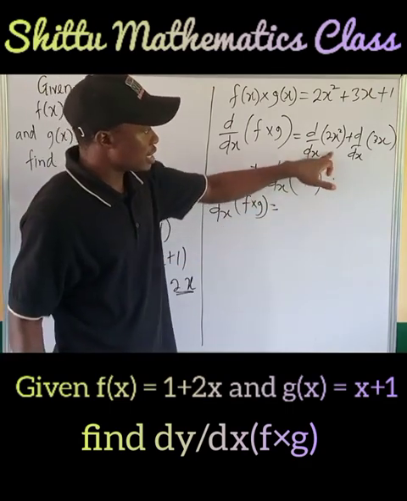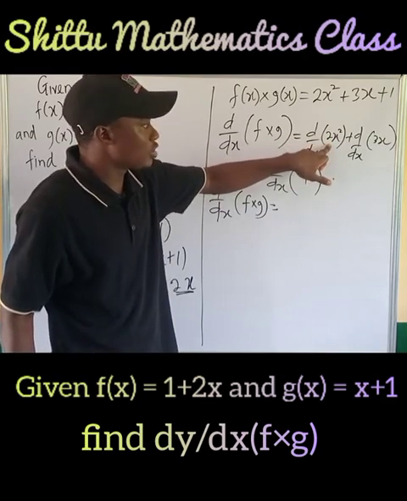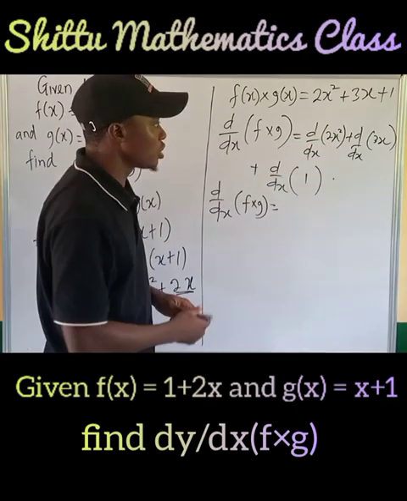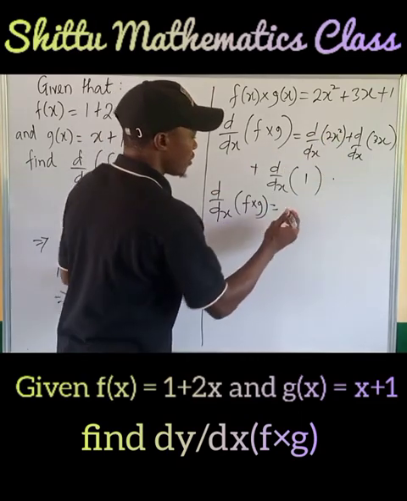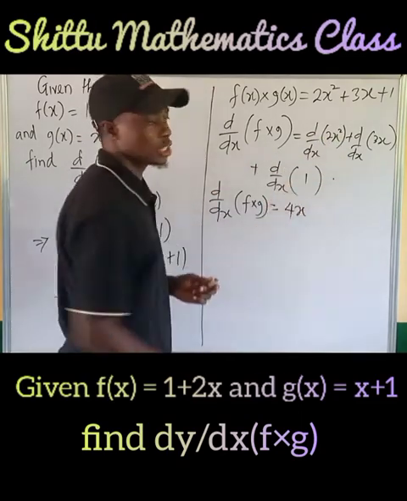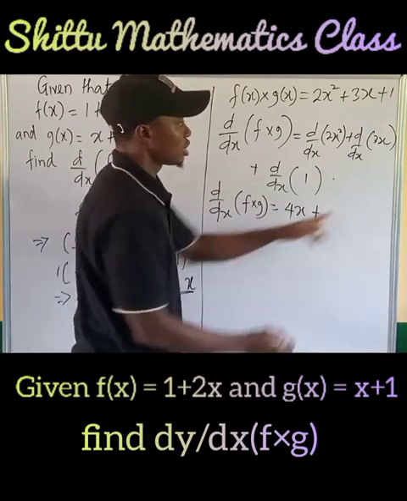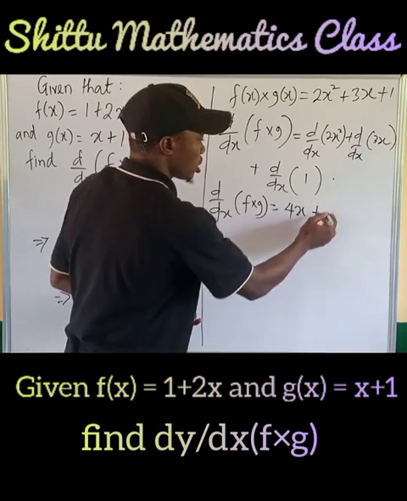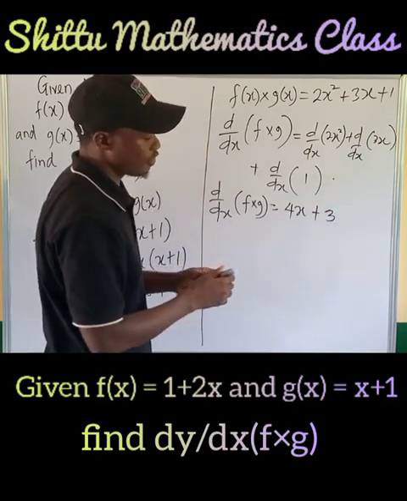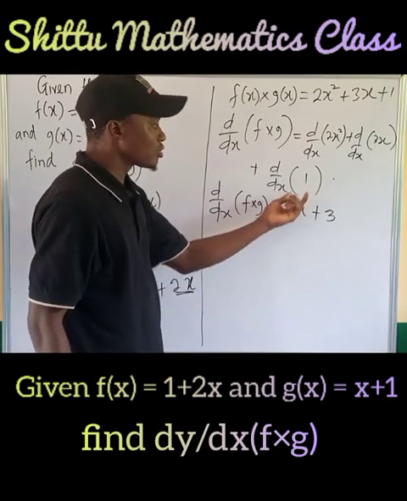So now from here we have d dx of fg is going to be the differential coefficient of 2x squared, which is going to be 4x, because 2 times 2, we are going to have 4x. Then plus the differential coefficient of 3x is going to be 3. And the differential coefficient of 1 is going to be 0.